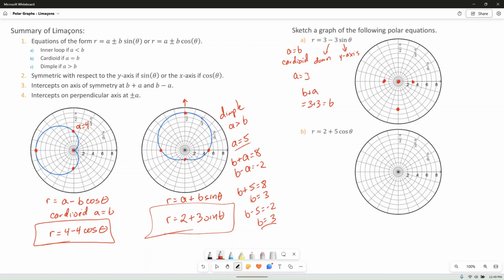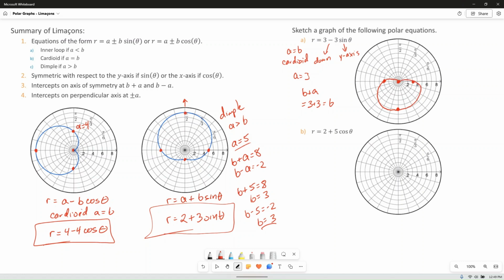So this gives us 4 points to sketch our cardioid. And usually I'll just try to start at the origin and loop around through the 2 points on the x-axis, and then try to draw as smooth a curve as you can make it as it extends through all of these points.